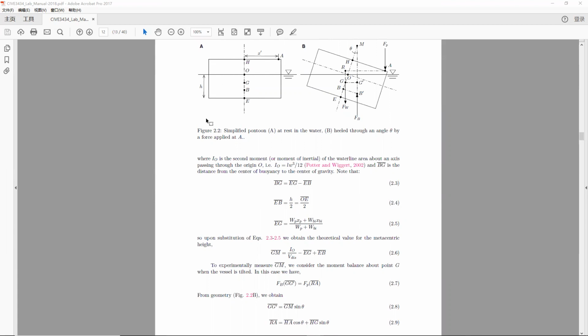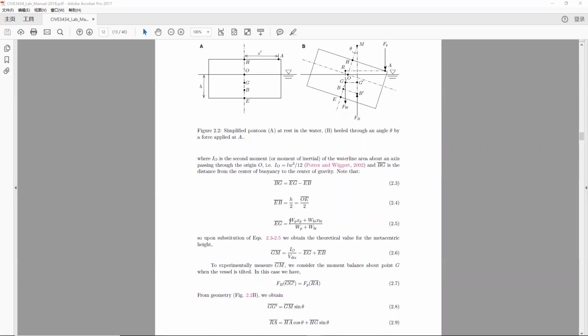So the draft will be different too, right? For a different draft, the EB is different, and also EG, from the bottom of the vessel to the center of gravity, is different. Using equation 2.5, you can get it.